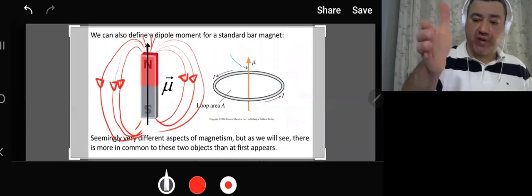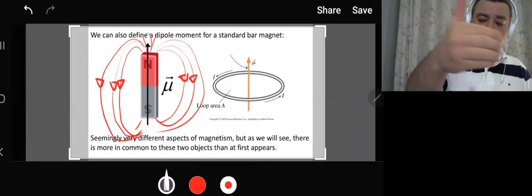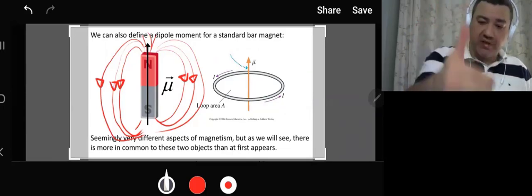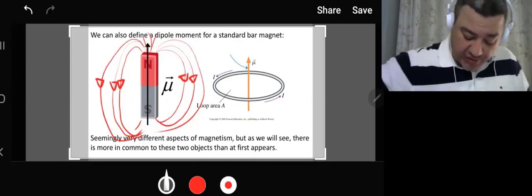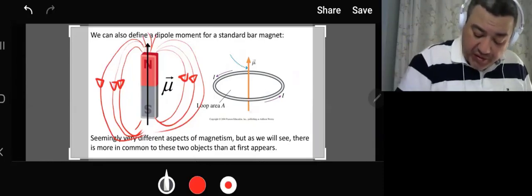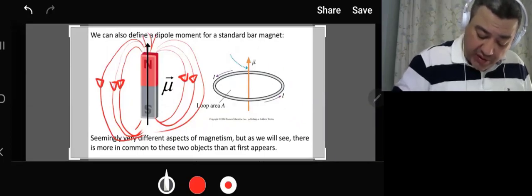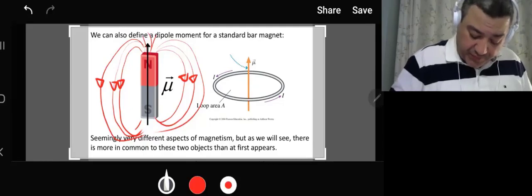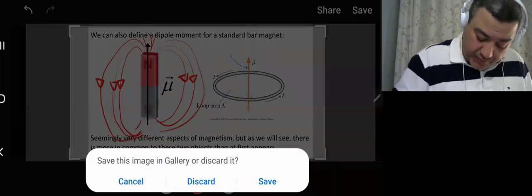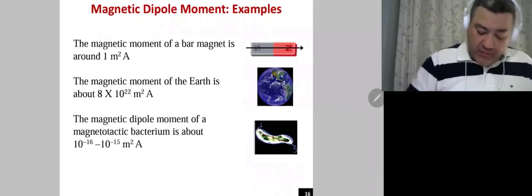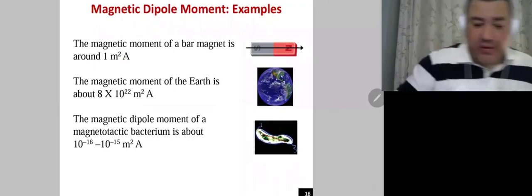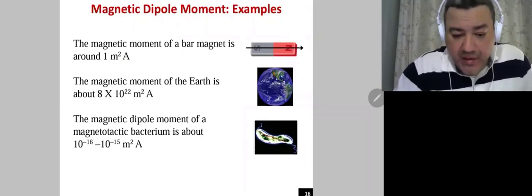Again, take your fingers in the direction of the current, curling in this direction. Then you have the magnetic dipole moment pointing up, perpendicular to that loop. So as examples, I have one comment here.